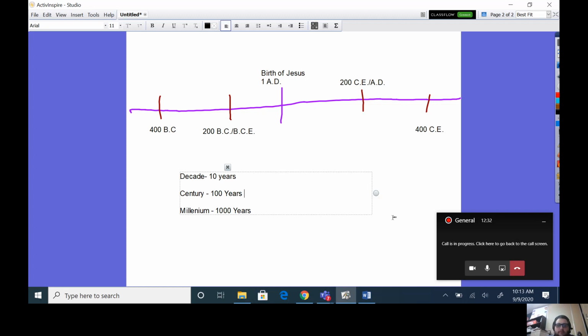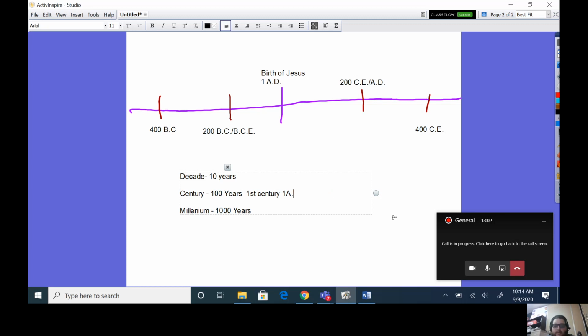So when we're referring to a century, the first century obviously would have had to be year 1 AD, because we're talking about the first 100 years after the birth of Jesus. So 1 AD through 99 AD.